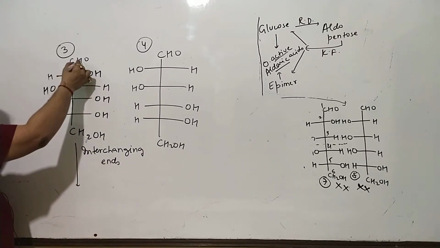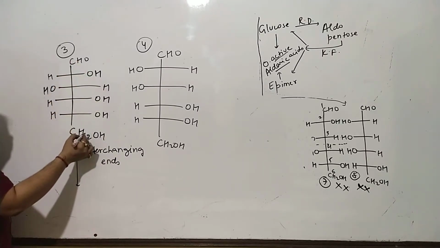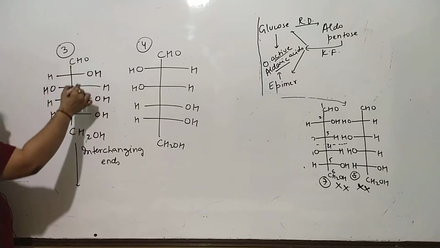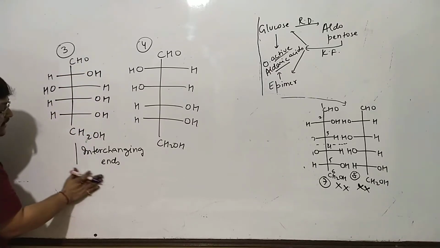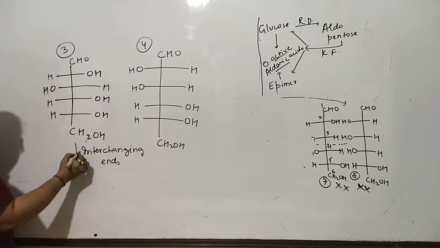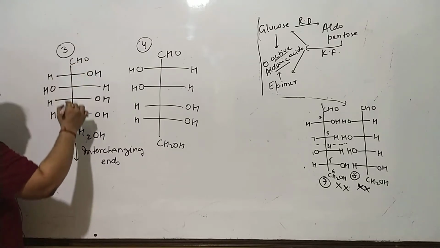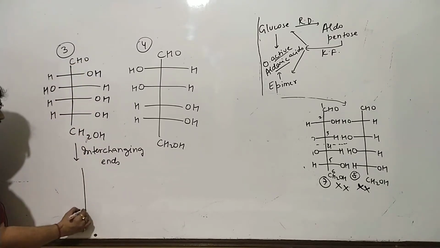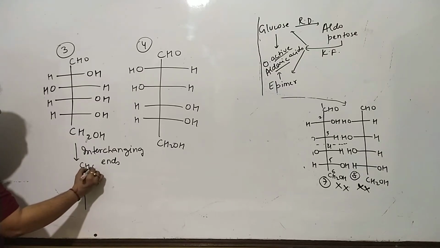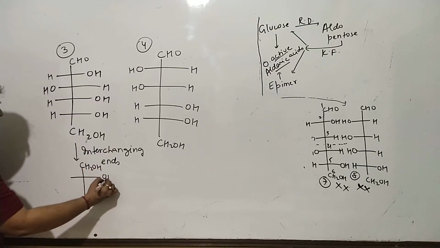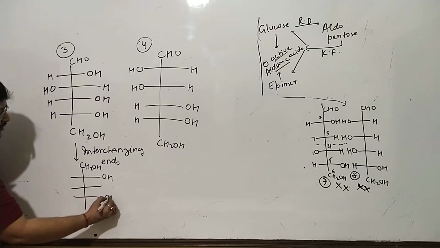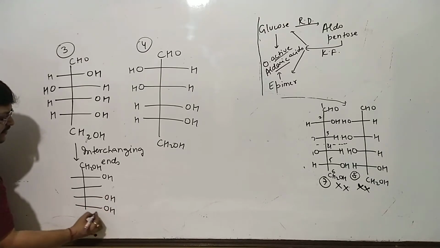By interchanging ends I mean this is reduced to CH2OH and this is oxidized to CHO. See what you get. This becomes CH2OH, then the rest of the structure is written in this manner, and this gets oxidized to CHO.